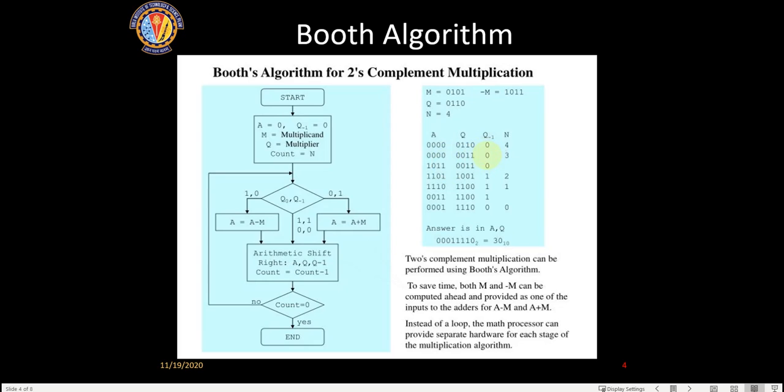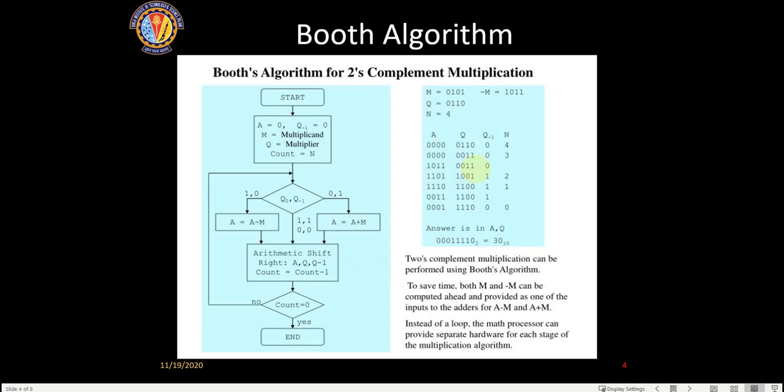Last time if it was 0, A was getting replicated below as such. Here it is 10, which means you have to subtract M from A, so you take M's complement and add it. You write M's complement here, you have Q here, and this is the state.